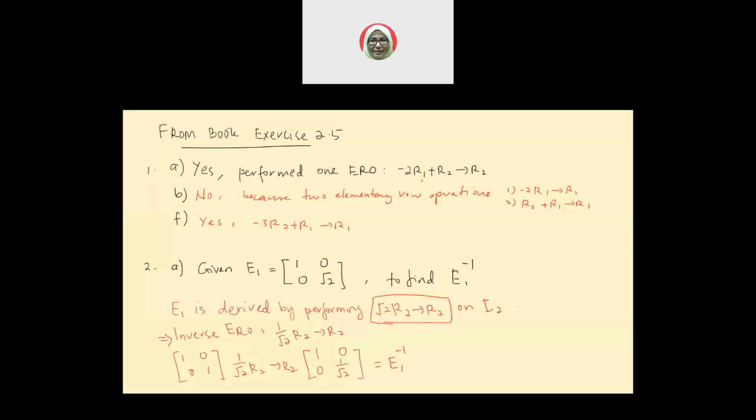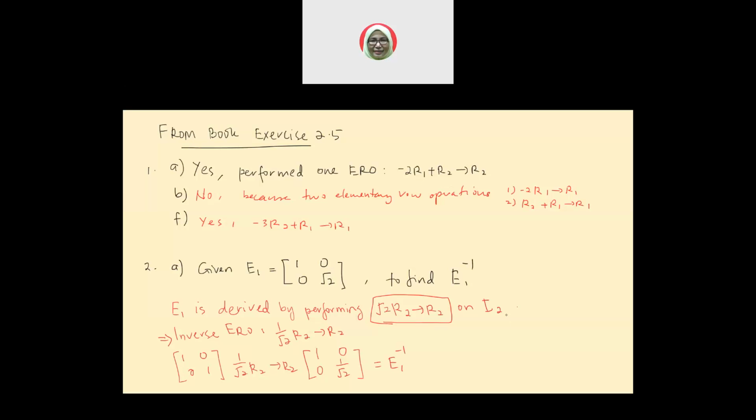Okay, let's move on. Question 2A. Given a matrix E1 that is a 2 by 2 matrix, to find E1 inverse, note that E1 is derived by performing the row operation negative 2 multiplied with R2 changes to R2 on I2.